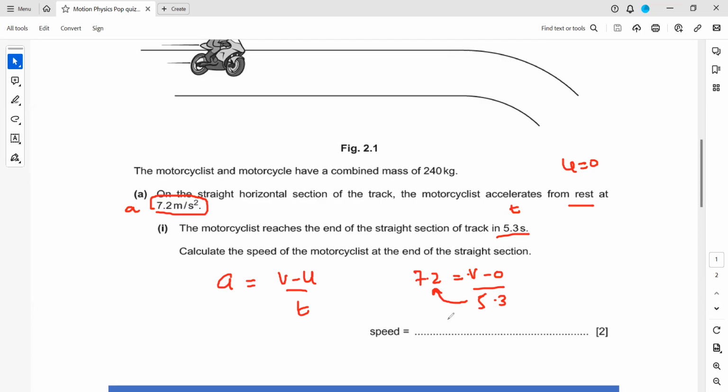So it will be 7.2 multiplied by 5.3. That will give us the speed at which this motorcyclist will reach the end of this straight section. What's the answer? 38.16. You can write 38.2. Whenever you write your answer, it should be 3 significant figures. So it will be 38.2 meters per second.